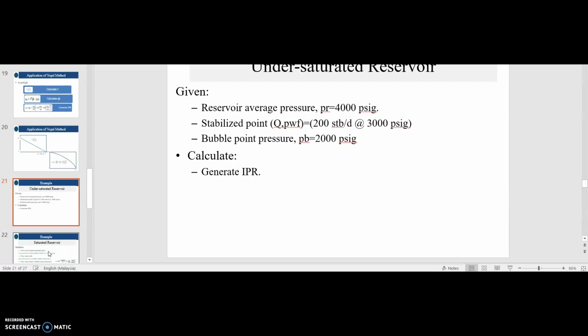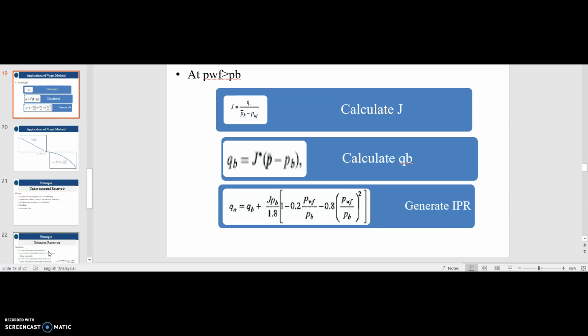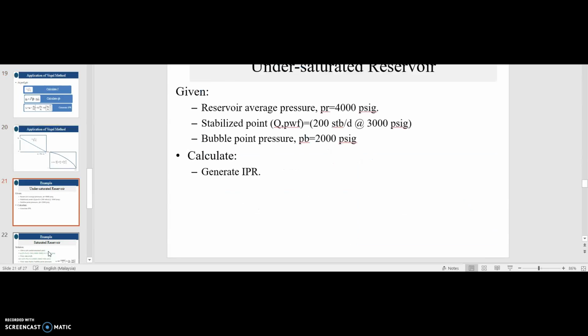So we follow this method: first calculate J, then calculate QB, the flow rate at bubble point. Then we use this equation to generate the saturated range of pressure.